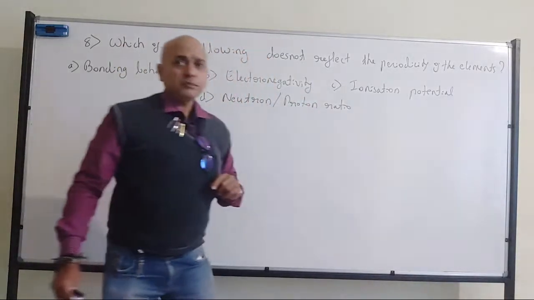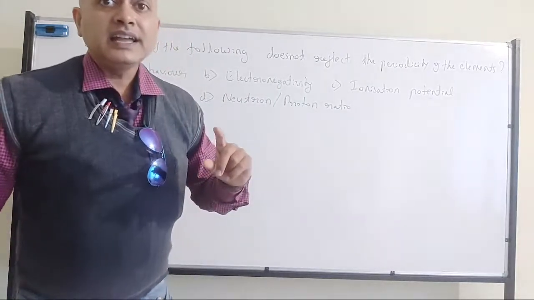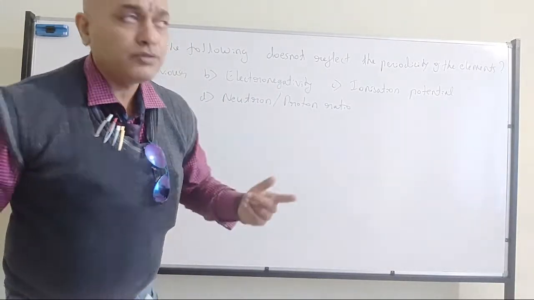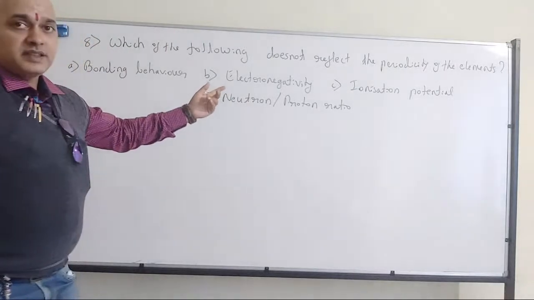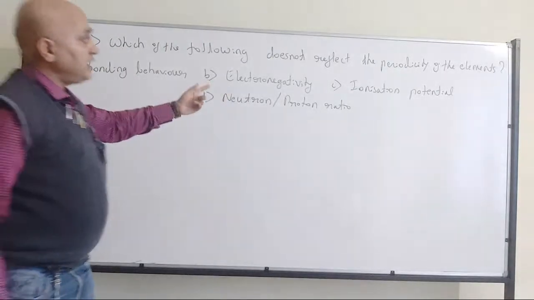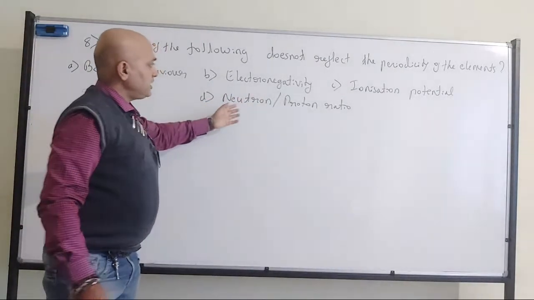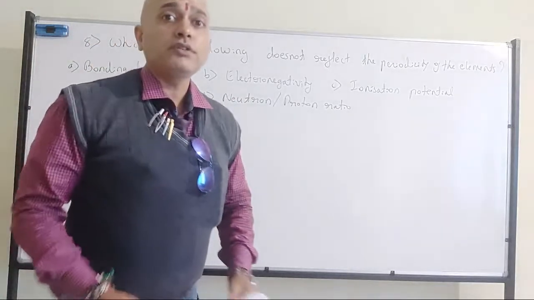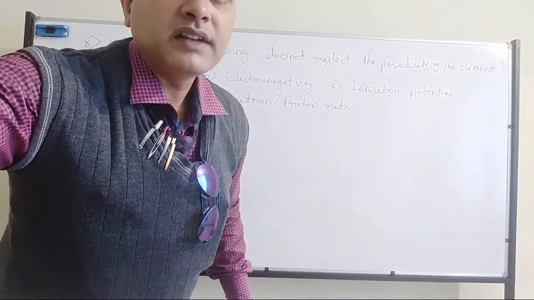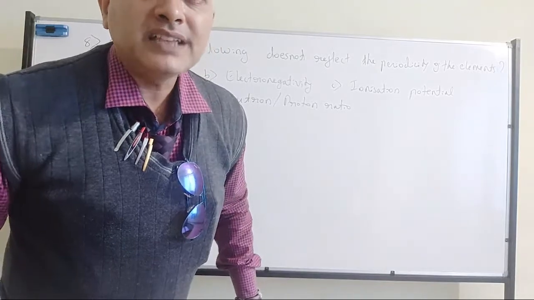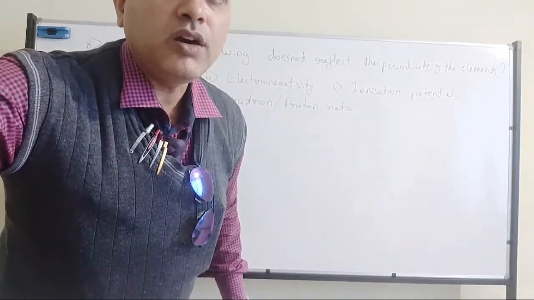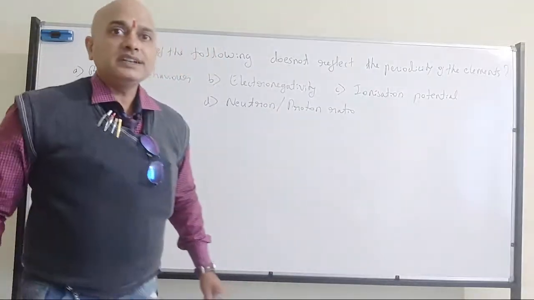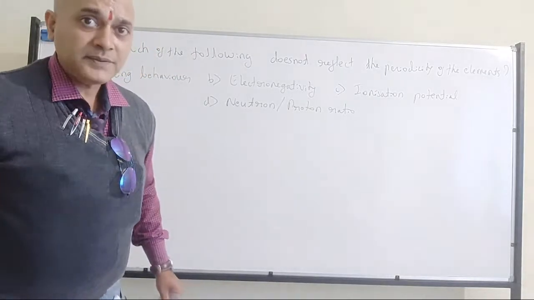Then ionization potential, that is the amount of energy required to remove the electron. And neutron proton ratio, right? Okay, except Maulya, I think all of you have written option D, right?